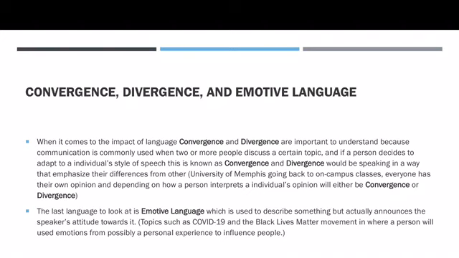So one example of convergence and divergence is one of the main topics pertaining to this school, the University of Memphis going back to on-campus classes. Convergence and divergence could play a good role because a person could have an opinion of saying, oh yes, we probably need to go back to school.